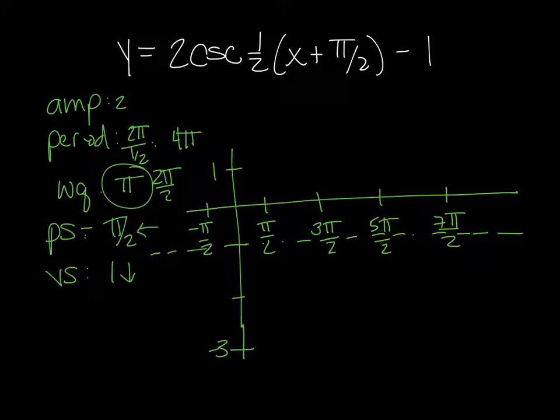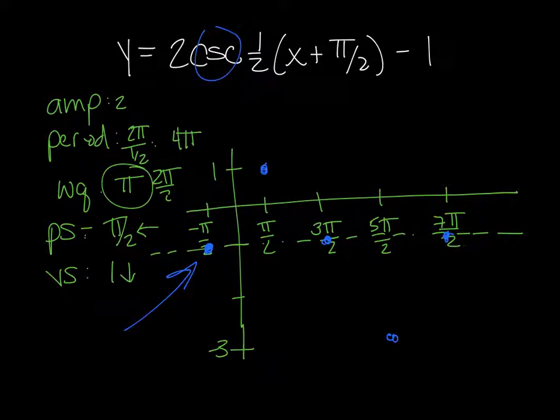Now, for the graphing part, I'm going to put my dots just like I would have before. So this is the reciprocal of sine. Sine normally starts at the axis, goes up to the maximum, axis, minimum, axis. Now don't forget we're graphing cosecant, and cosecant's the reciprocal. So let's take a moment and point out the axis.